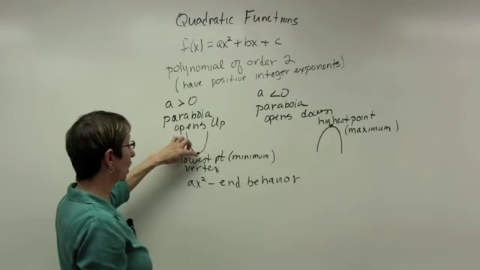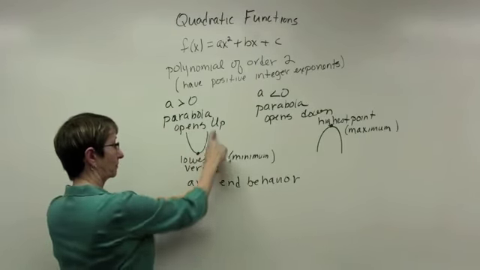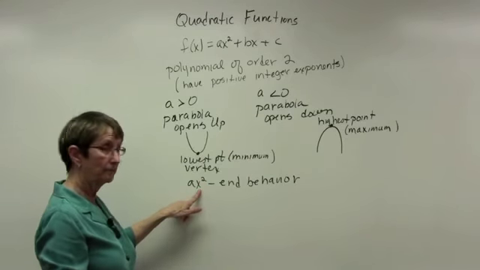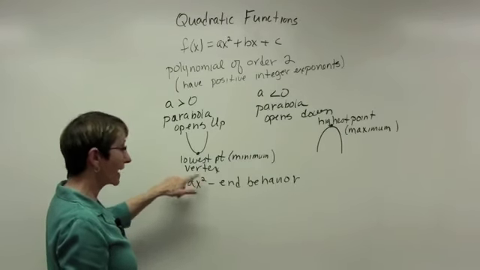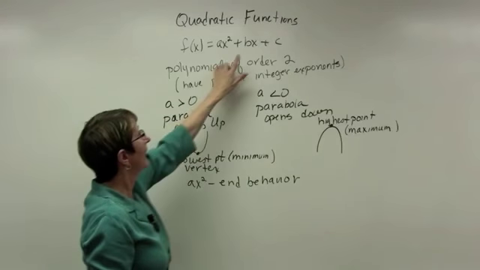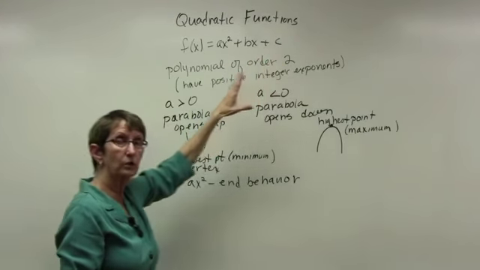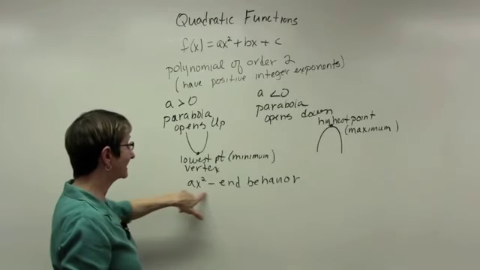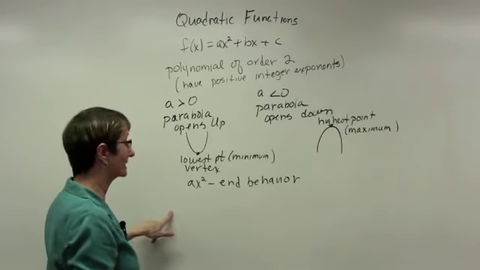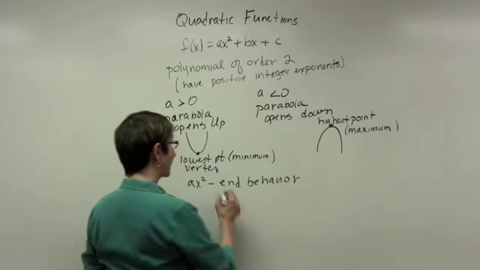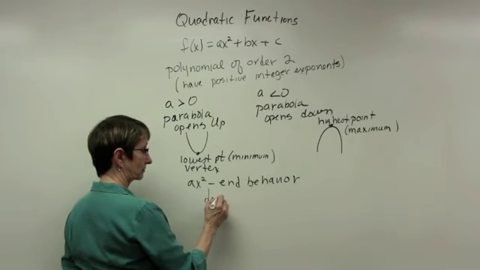The x squared is so much bigger than the bx plus c part, so the ax squared term gives us the end behavior and is called the dominant term.